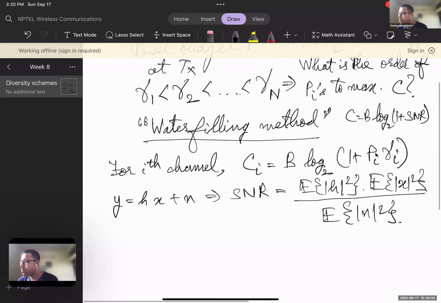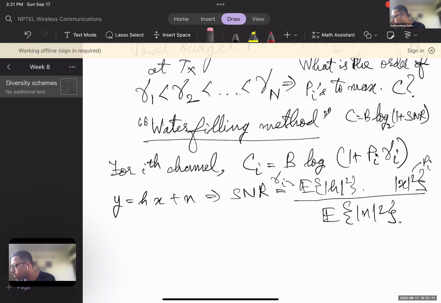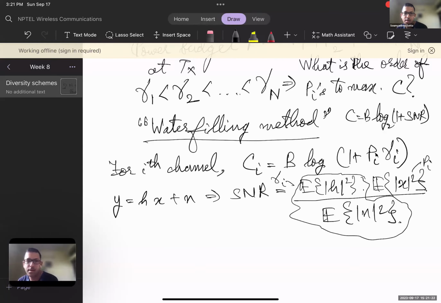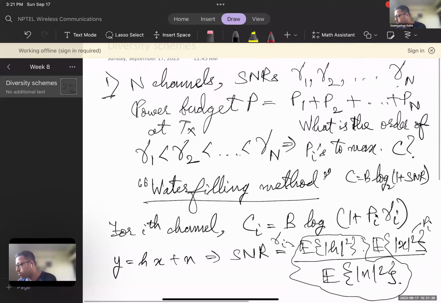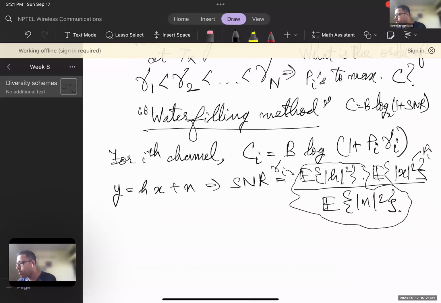Because the signal power and the channel power are independent of each other, that is what comes out here. So this is your gamma i, the expectation of mod h squared by mod n squared. This is the SNR of the channel, and then this is Pi. So for each channel, you have this formula.